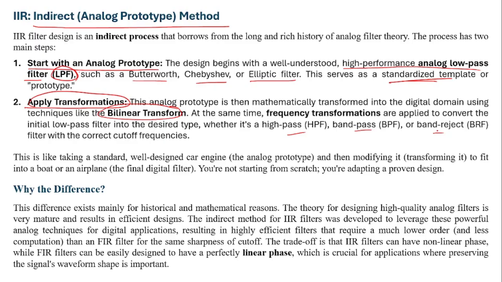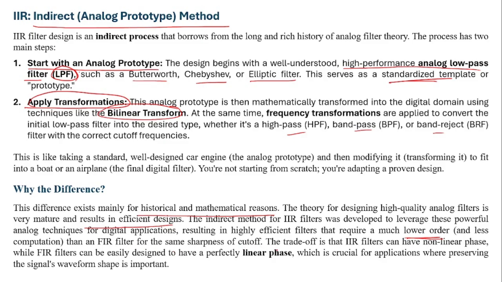Okay, so why the difference? This difference exists mainly for historical and mathematical reasons. The theory for designing high quality analog filters is very mature and results in efficient designs, no doubt. The indirect method for IIR filters was developed to leverage these powerful analog techniques for digital applications, resulting in highly efficient filters that require a much lower order than an FIR filter for the same sharpness of cutoff.